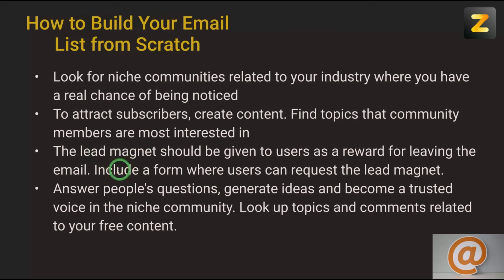That way is creating a lead magnet: a checklist, an ebook, a digital product, a mini course, something that you can give for free in exchange for the email. People will want to have your course for free and even read your ebook or your checklist if they know you, if they know that you will provide more value with the lead magnet. So it's important to provide value and be renowned in the community.